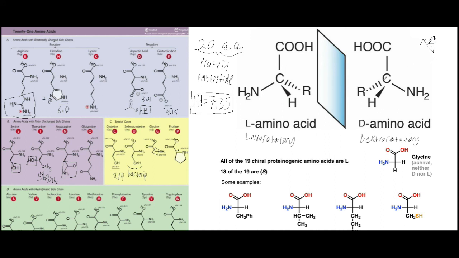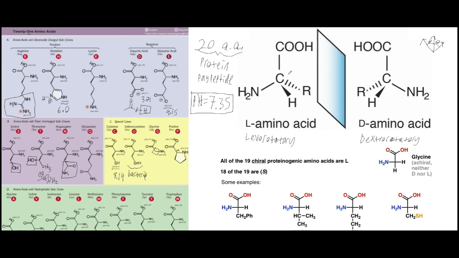And same as if we sent it through one that was mostly or all D, it would shift the same degrees but in the opposite direction. And the angle that it shifts by tells you something about the relative concentrations of these two.